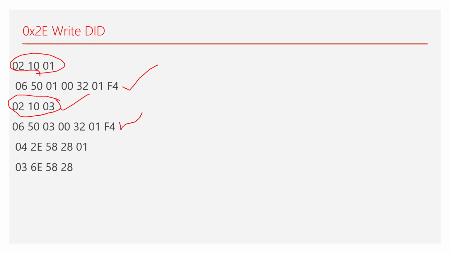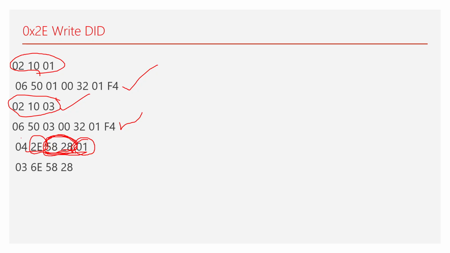Coming to here, this is the 2E service. In this 2E service we give the data, this is the service and the DID. I will take this DID and give the data as 01.